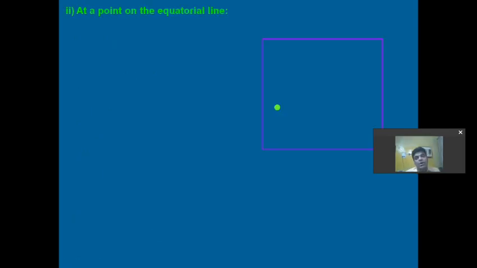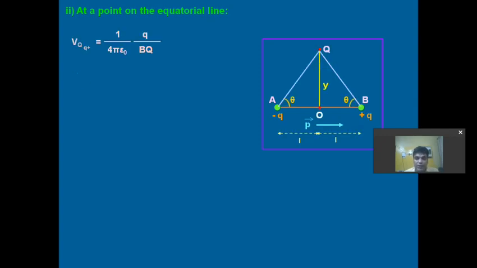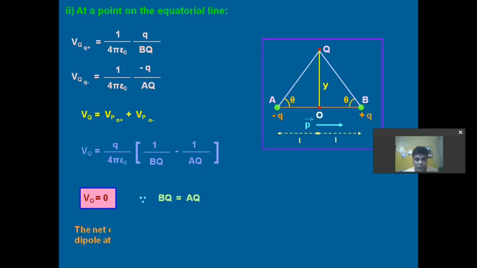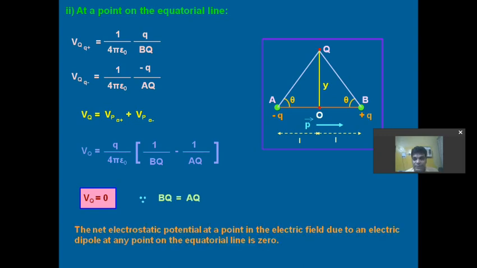Now we come to another case, the equatorial line. At the equatorial line, we place the charge at this point which is perpendicular.